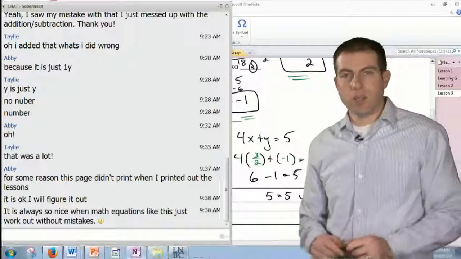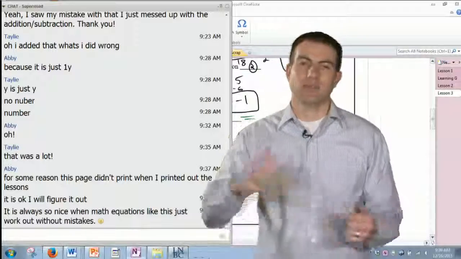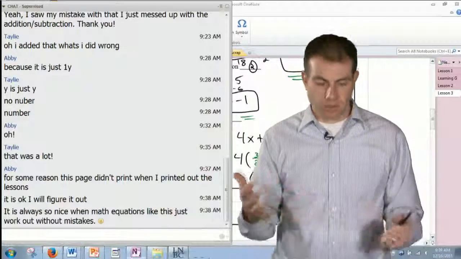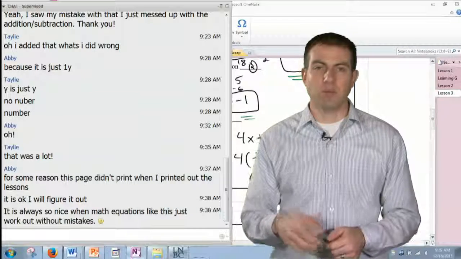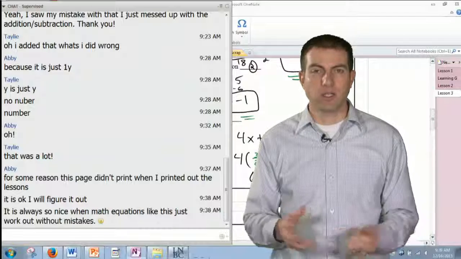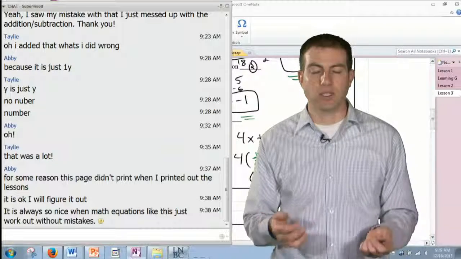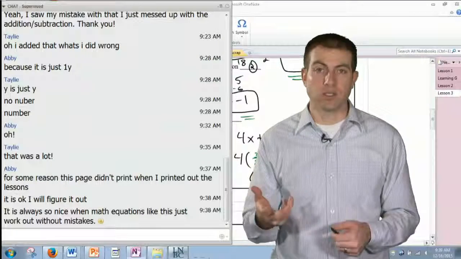And these questions are especially like that, Abby, when everything just kind of works out so nicely. It just feels like you're doing everything correctly. And every once in a while, you'll end up with some bizarre fraction as an answer. You'll go through a whole question and think this just seems wrong, but it might be right. So you just need to have confidence in what you're doing.